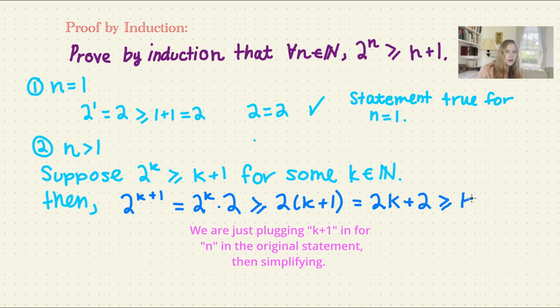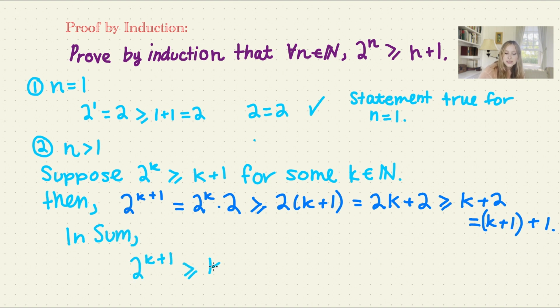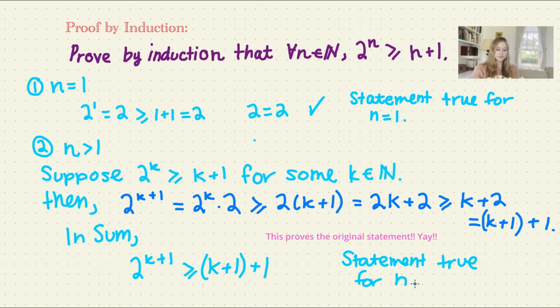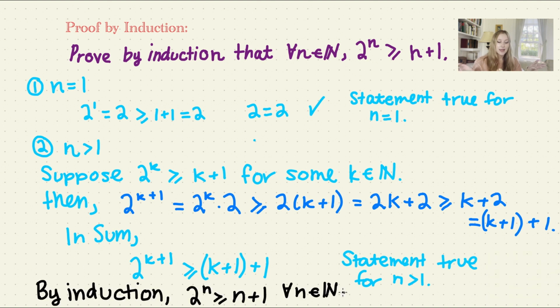It's always going to be greater than k plus 2, which we can rearrange as k plus 1 in parentheses plus 1. Great. So in sum, we have 2 to the k plus 1 is greater than or equal to k plus 1 plus 1. We prove this statement by first showing the base case and then moving on from there. That is, in essence, what induction is. And that's our last proof example.